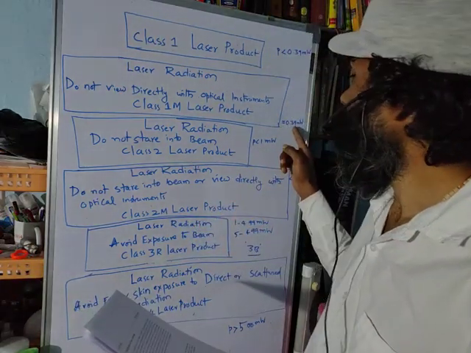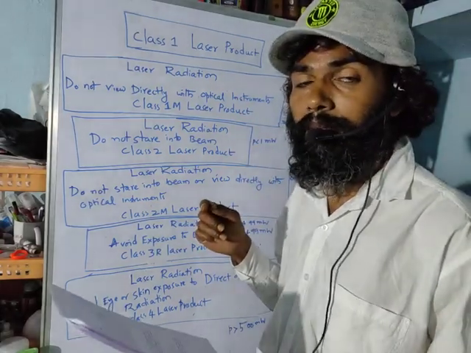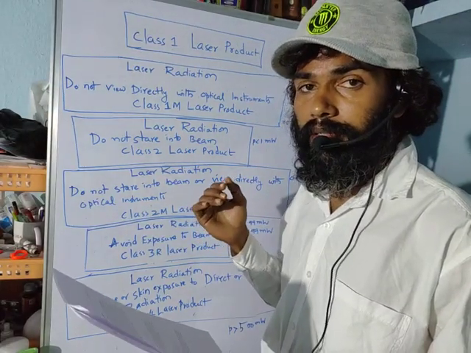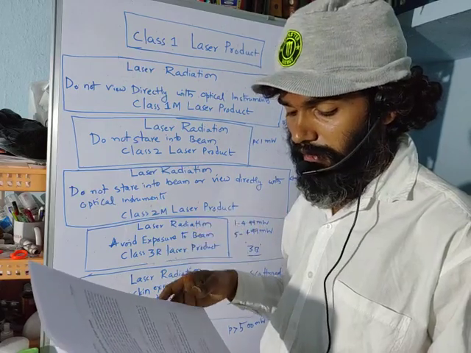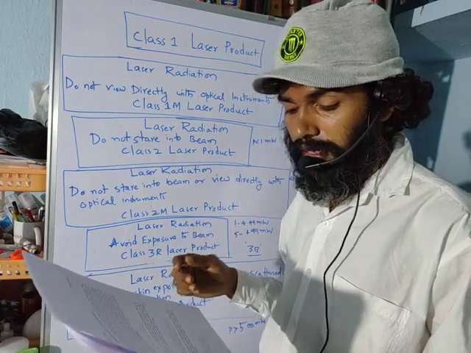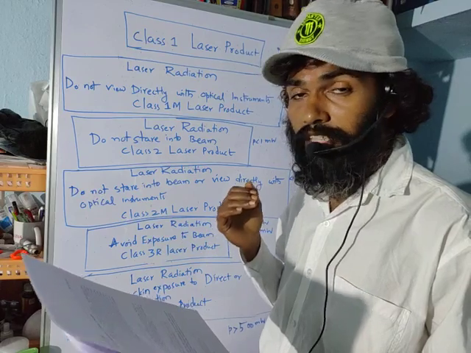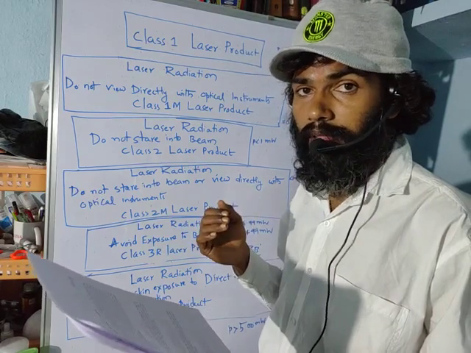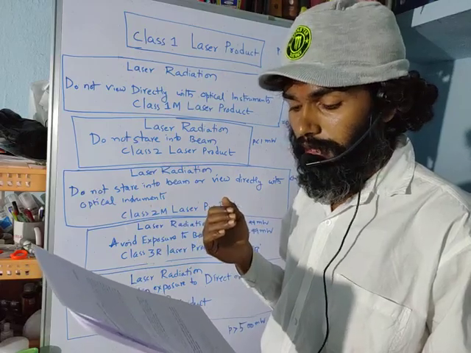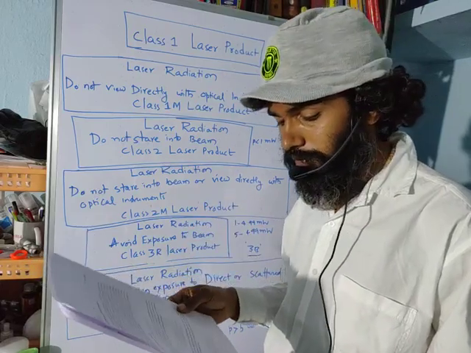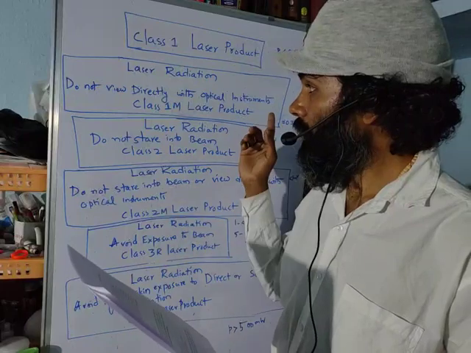So that's what I wrote here. The output power of class 1M lasers is of the order of 0.39 milliwatts. And this is safe for unaided eye exposure. When you're not using any optic, they are still safe to look at. And this is what I want to say about this class.